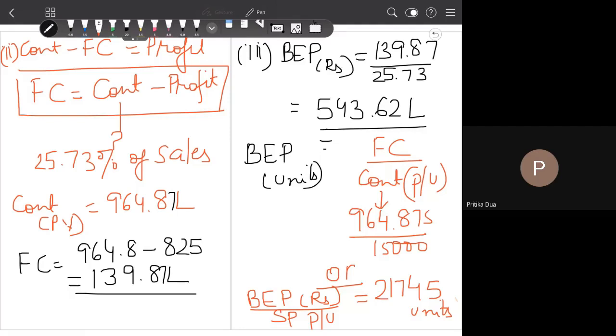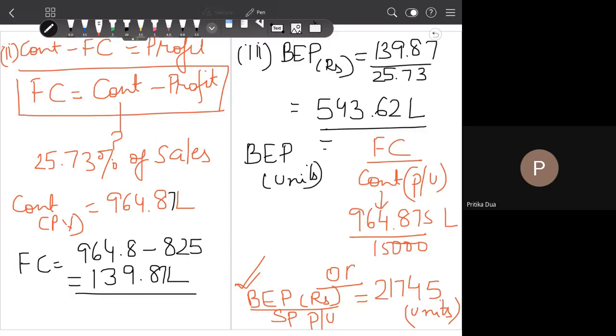This value was in lakhs. Prefer using this formula: break-even point divided by the selling price per unit would give you the break-even point in units. After that, the next part would be the amount of sales required to earn a profit of 25 CR.